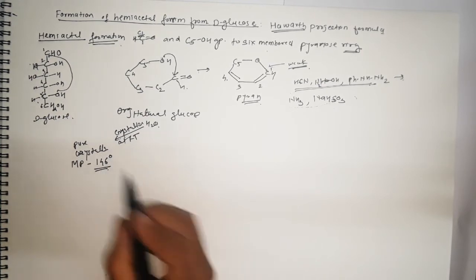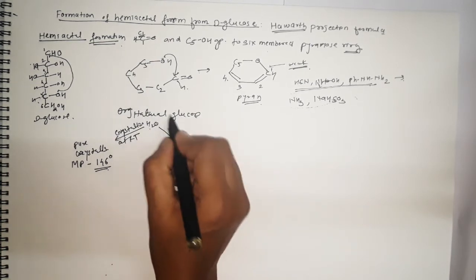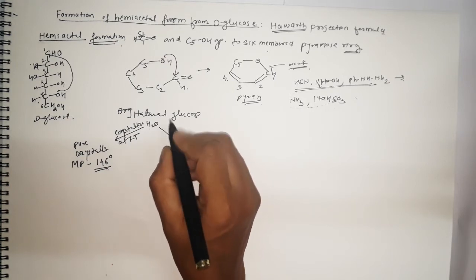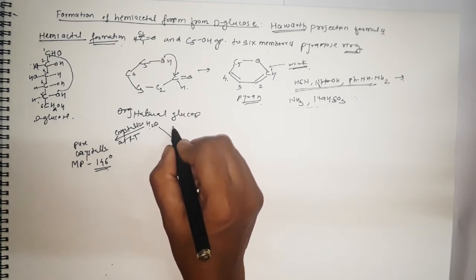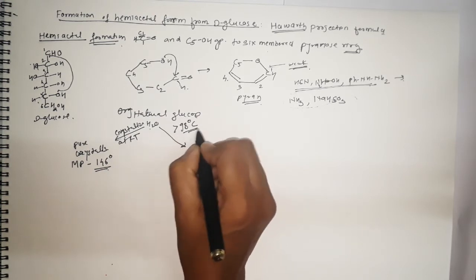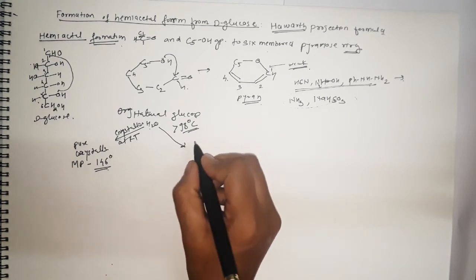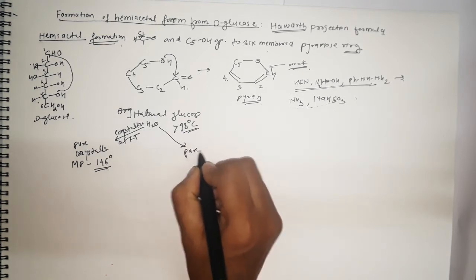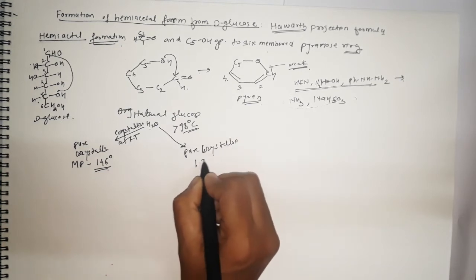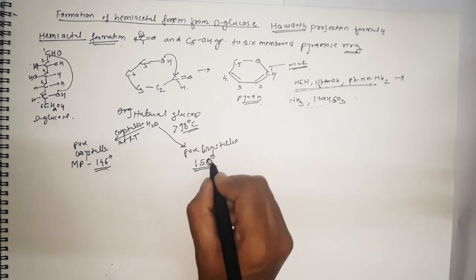So these crystals melt at 146 degrees, and if it is crystallized above 98 degrees Celsius and rapidly cooled, whatever crystals are formed, pure crystals, show a melting point of 150 degrees.